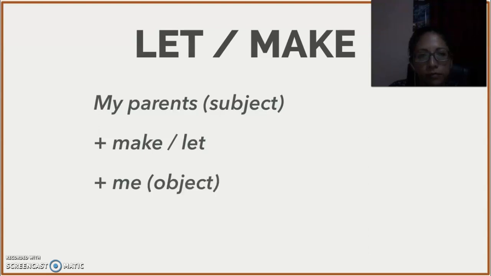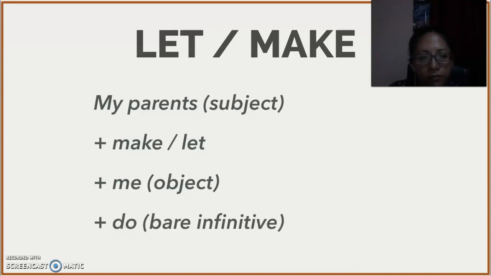My parents made me, my parents let me. I made you. I let you. And then we use the bare infinitive. So just the verb on its own. My parents made me do. My parents made me go, etc. Hopefully that isn't too confusing. More examples are going to help you.